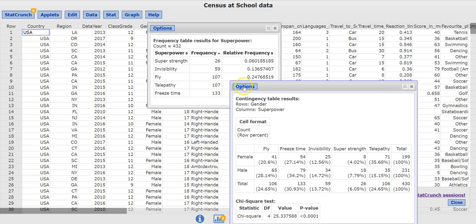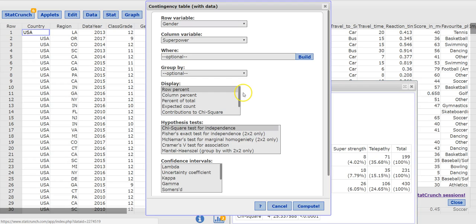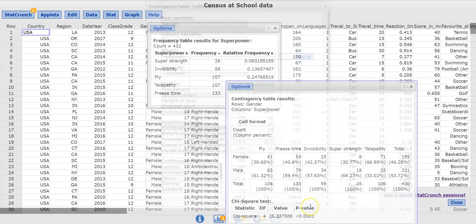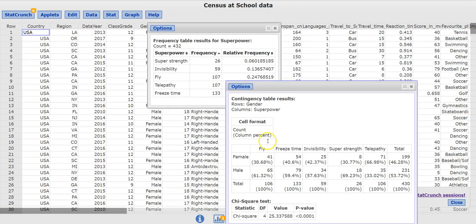Now what would happen if we chose column percentages instead? So let's do column percent instead. Now notice here we're saying 38% of people who chose flying as their favorite were female and 61% were male.